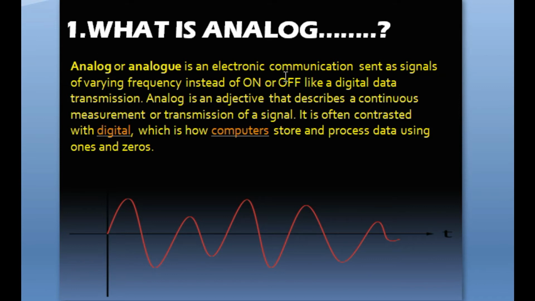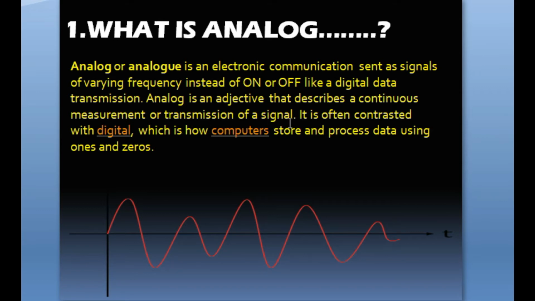Analog is an electronic communication that sends a signal of varying frequencies instead of on or off like digital data transmission. It is changing every nanosecond in its direction. We also call this a sine wave. Analog is an adjective that describes a continuous measurement or transmission of a signal.